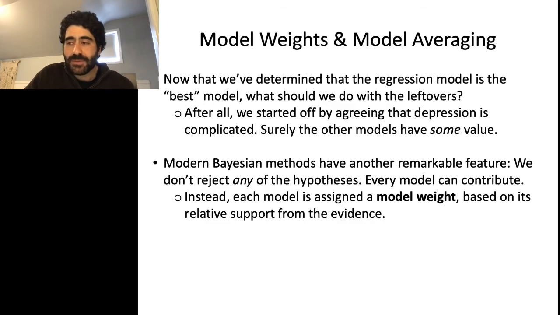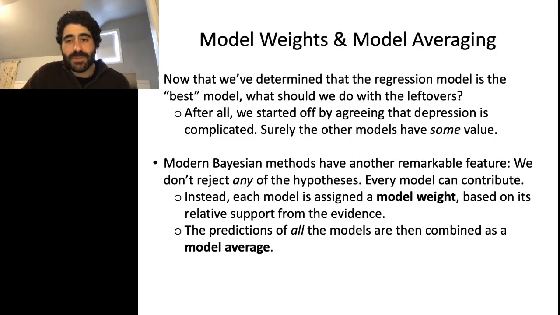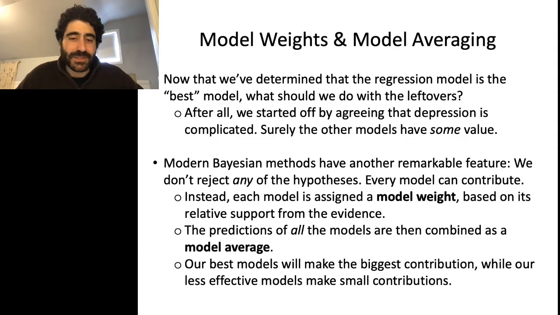And so what we can do is assign a weight to each model that's based on its BIC or based on its Bayes factor. So we just keep all of our hypotheses around. We have a different weight on each of them depending on how good we think they are. And then we can combine all of these models together in a weighted model average. And in this model average, our best models get a bigger say than the less effective models.